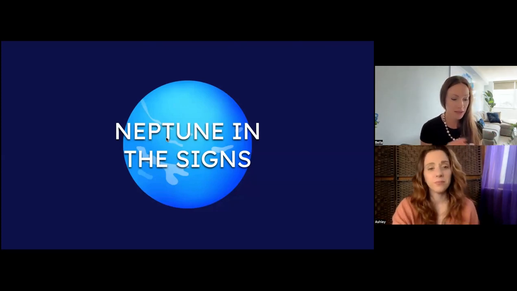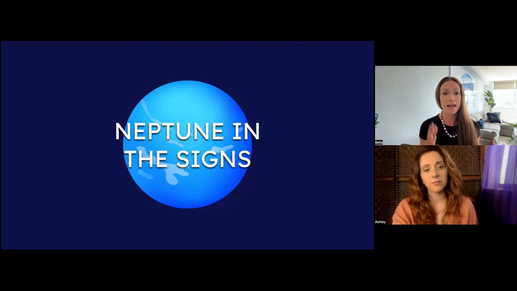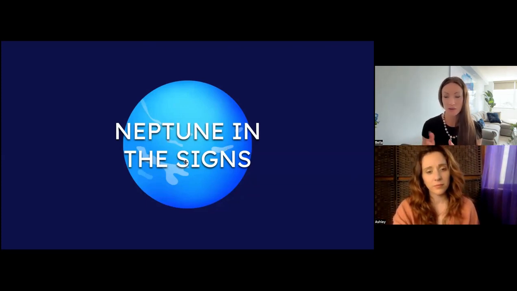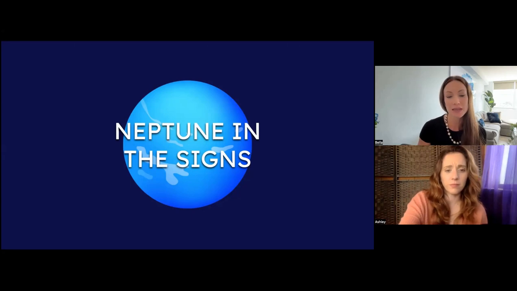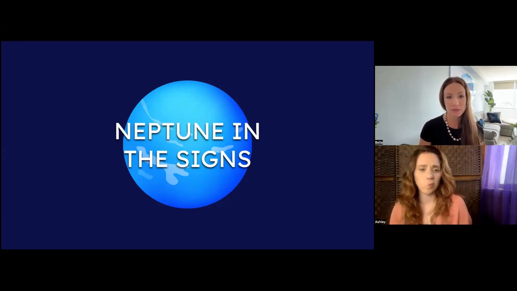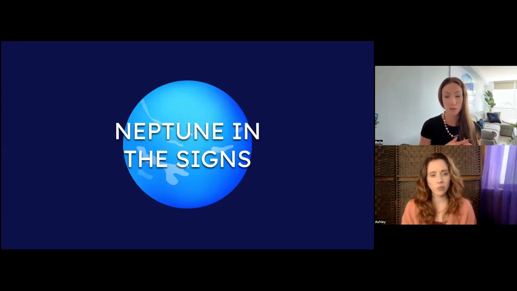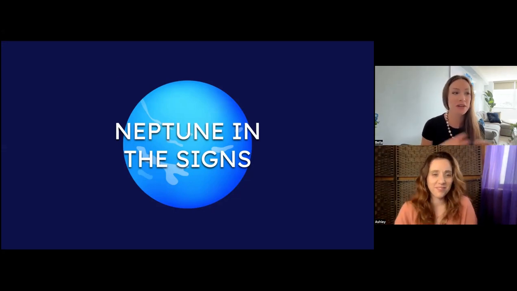But then also each generation that has it in a certain sign is going to have things in common. So this is where we're seeing what we were just speaking about in the chat. We're going to see whole generations that have similar themes to work with in terms of Neptune in the signs. And we're not even going to go over all of them, because it would go over like 165 years. We're going to go over the 100 years where people are still alive.